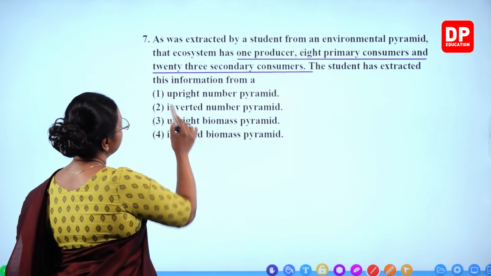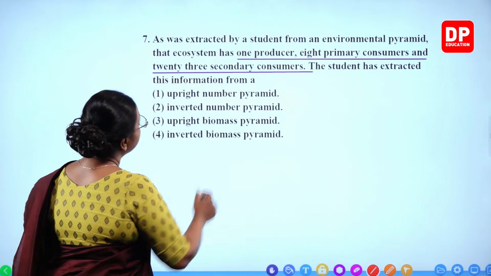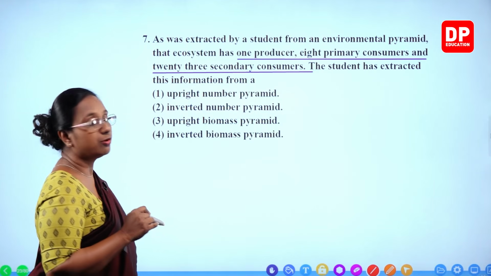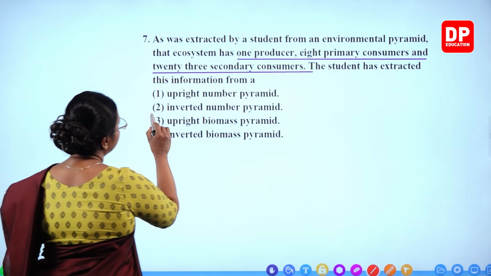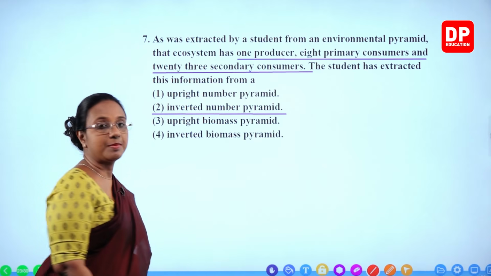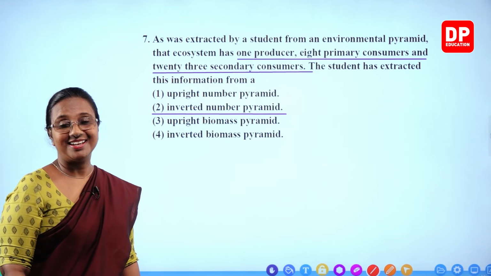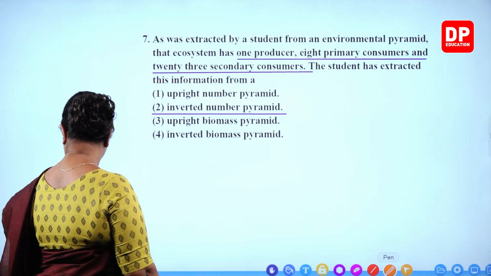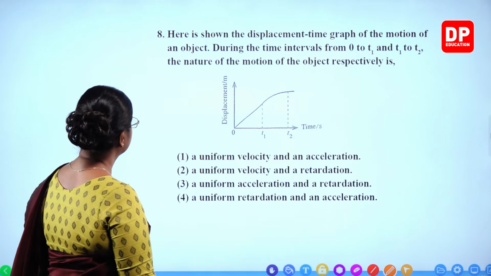The student has extracted this information from an upright number pyramid, inverted number pyramid, upright biomass pyramid or inverted biomass pyramid. It is from an inverted number pyramid. So, I am sure you all can understand that. So, with that students, I'll move on to the next question. That is question number 8.